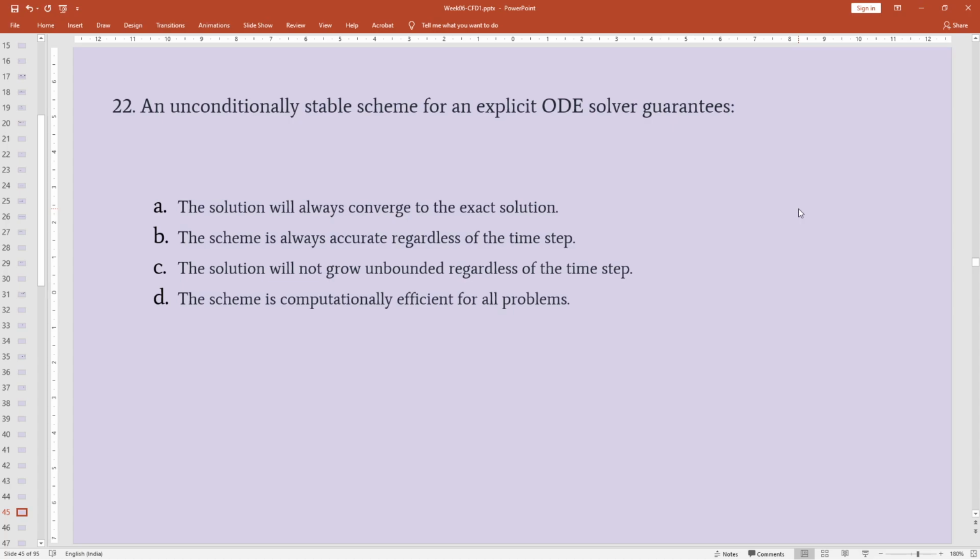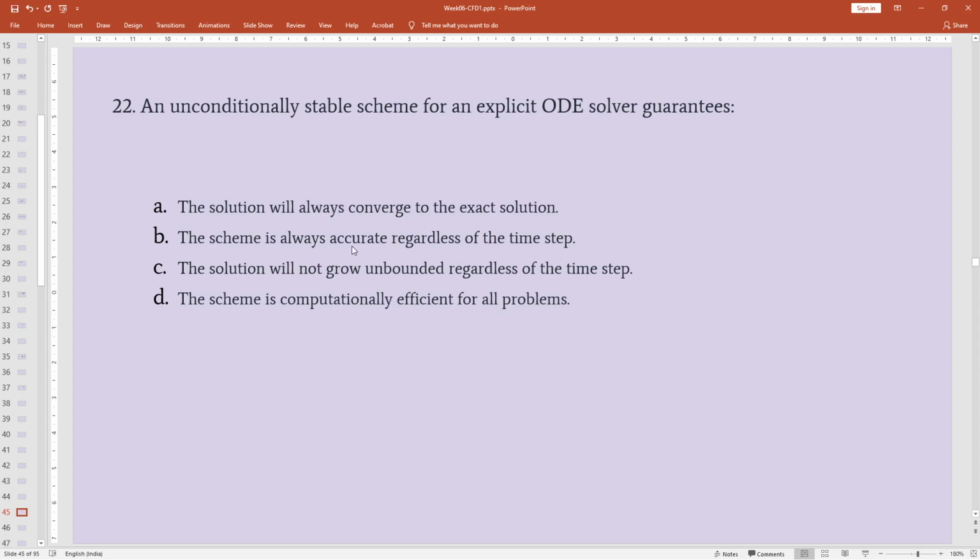An unconditionally stable scheme for an explicit ODE, which is an ordinary differential equation solver, guarantees... So which of the following is a property of an explicit ODE solver? You can read it for unconditional stability. Option A, the solution will always converge to the exact solution.